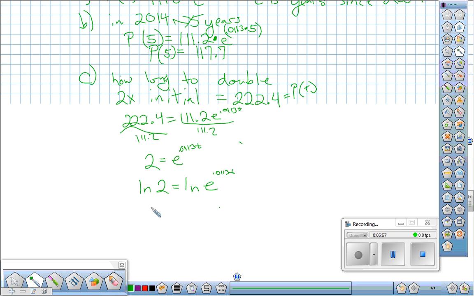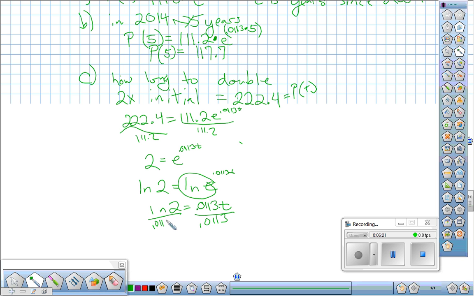The natural log of 2, I don't know what that is yet, so I'll write the natural log of 2 again. The natural log of e will just kind of go to nothing. And I will just be left with my exponent, which is 0.0113t.